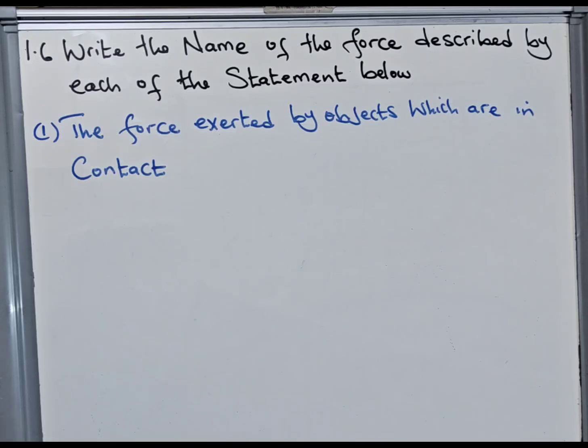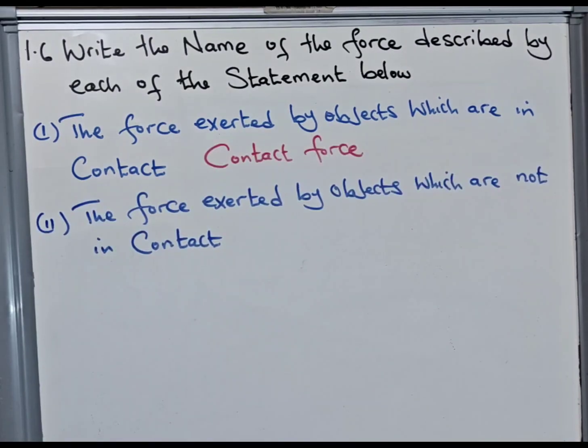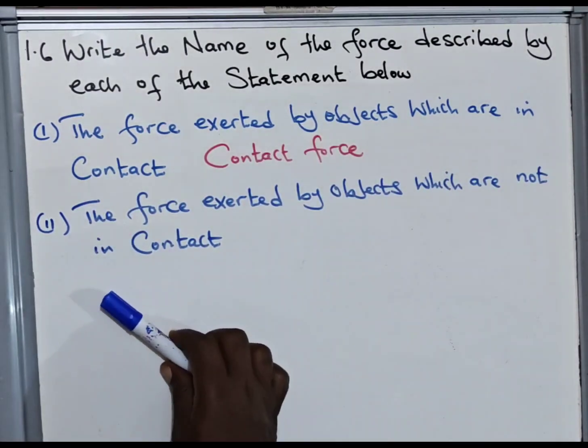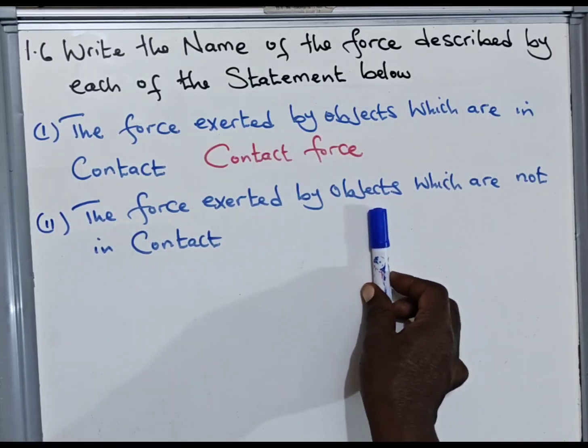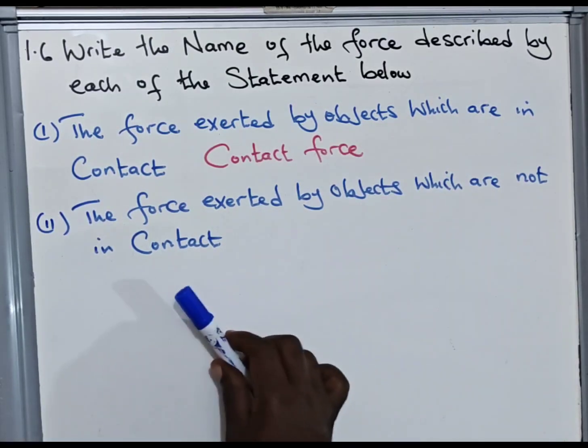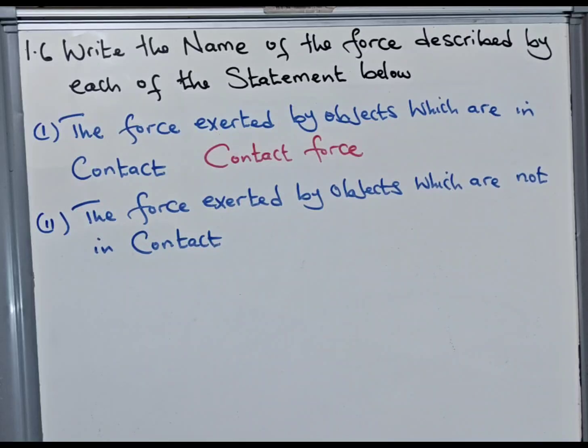We call it contact force. Then we come to this one. It says the force exerted by objects which are not in contact. What do we call such force? We call them non-contact forces.